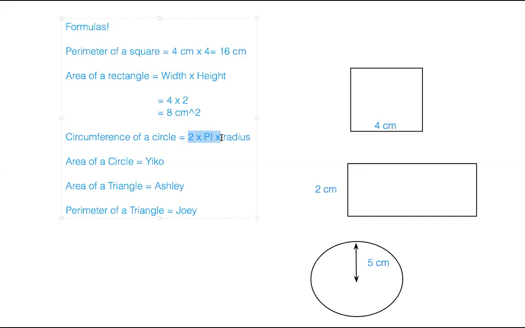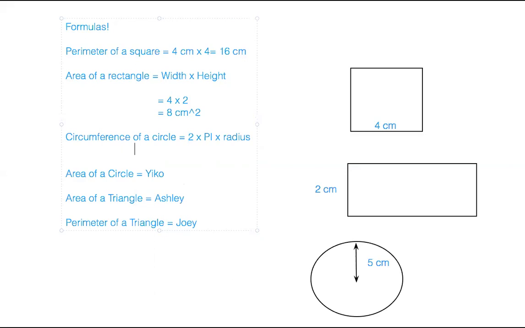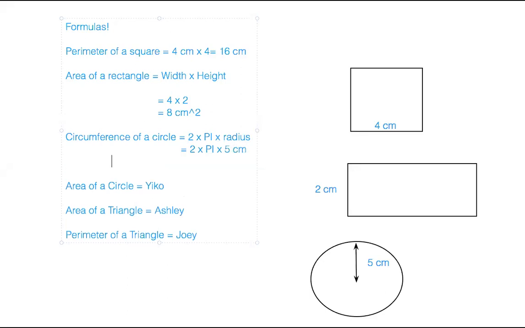It never changes. Okay? 2 times pi times radius. So calculate this for me. 2 times pi. What is your radius? 5. 5 cm. Okay. Calculate in your calculator. What do you get?